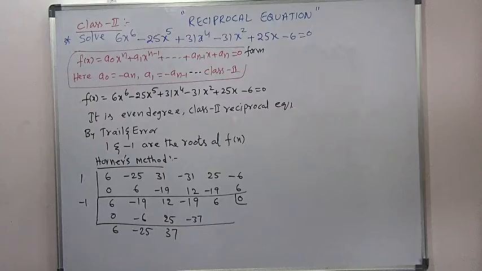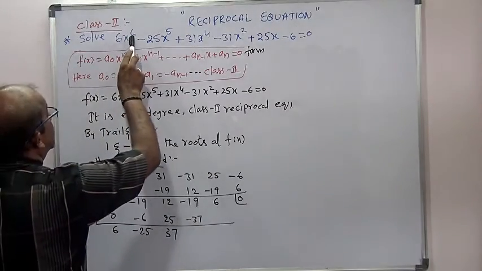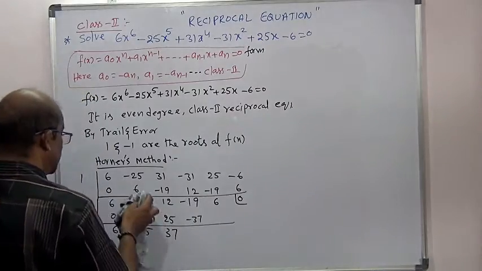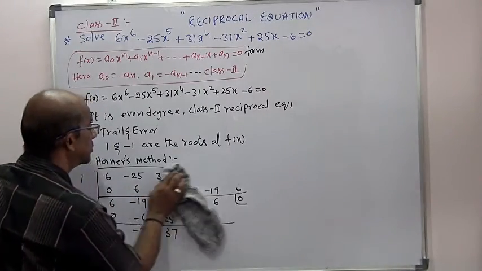In the given question, there is a 6th degree, 5th degree, 4th degree term, but there is no 3rd degree term. So we forgot that here. Now a small correction.